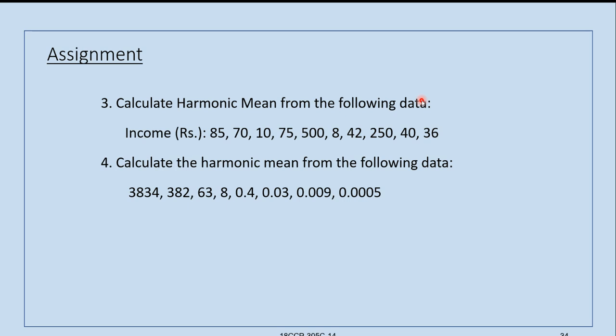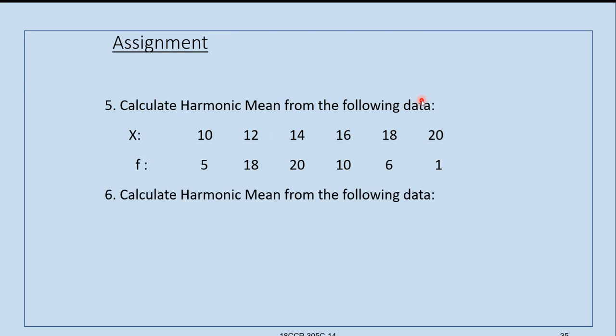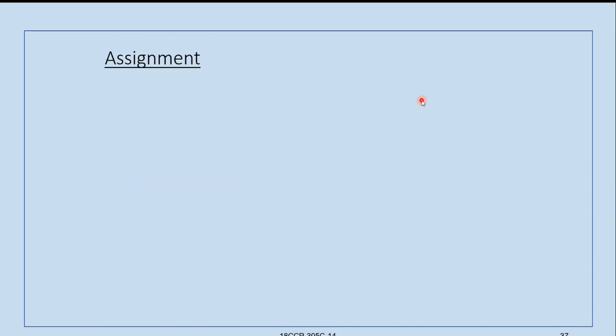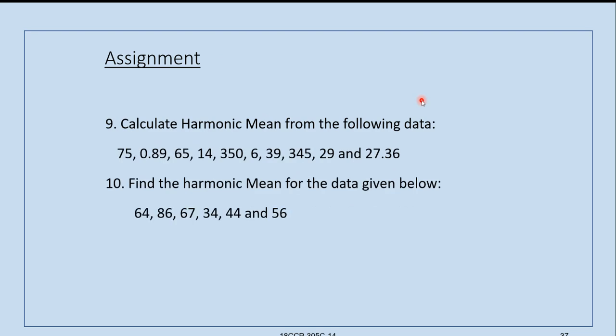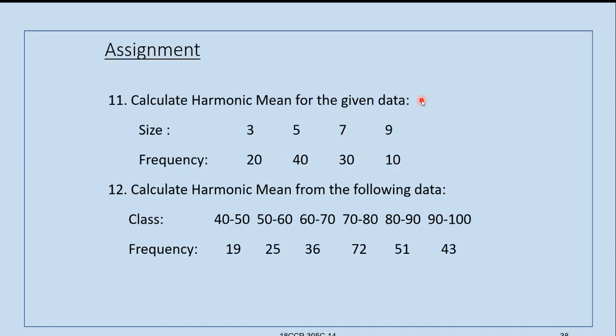So 3 and 4 are individual observations. 5 and 6 are discrete series. Again, 7 and 8 are individual observations. 9 and 10 are individual observation problems. So here individual observation problems, so far we have 6 assignments. And 11th and 12th are discrete series.